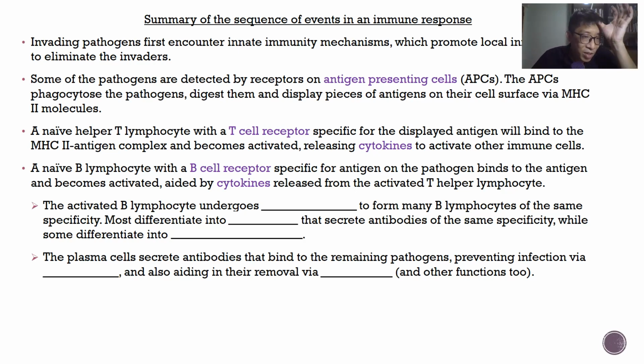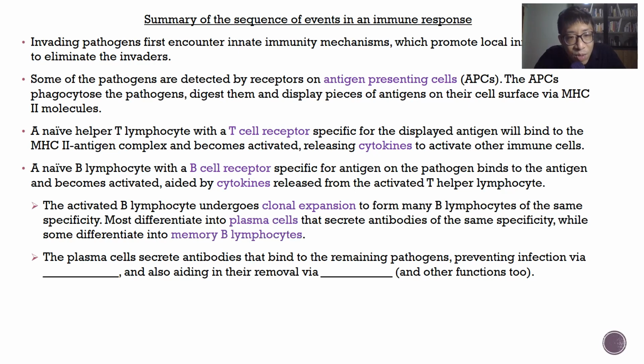Okay, so the activated B cell would undergo clonal expansion. It proliferates to form many B cells of the same specificity. Most of these B cells would differentiate into plasma cells that secrete antibodies of the same specificity. Some would differentiate into memory B cells.